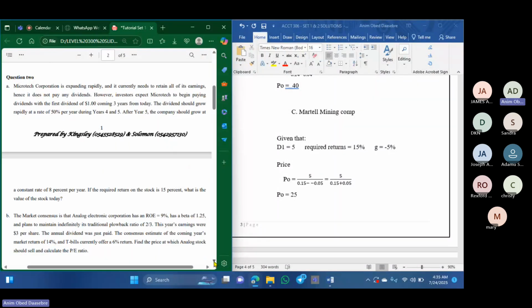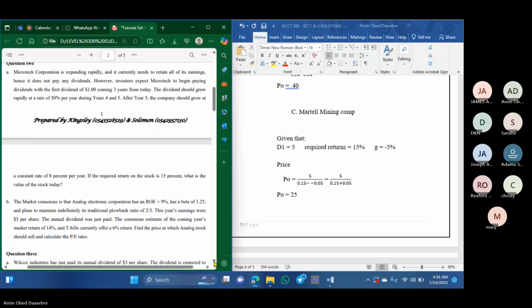We move on to question 2. Microtech Corporation is expanding rapidly and currently needs to retain all of its earnings, hence it does not pay any dividends. However, investors expect Microtech to begin paying dividends with the first dividend of $1 coming 3 years from today.